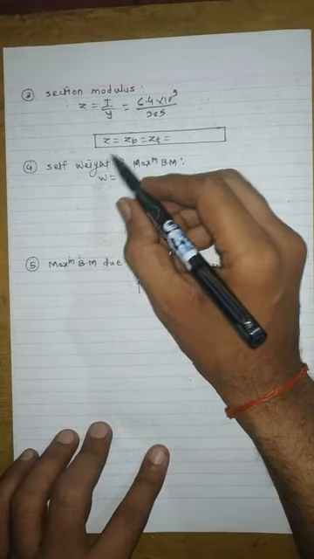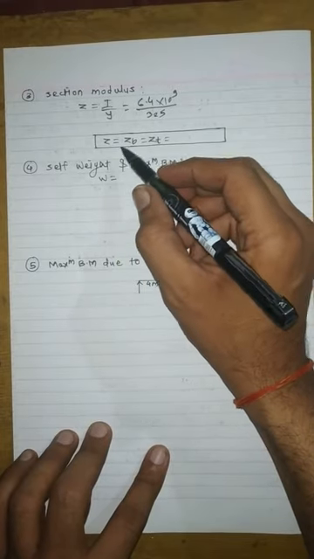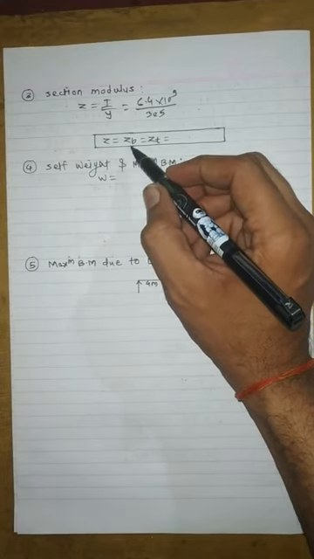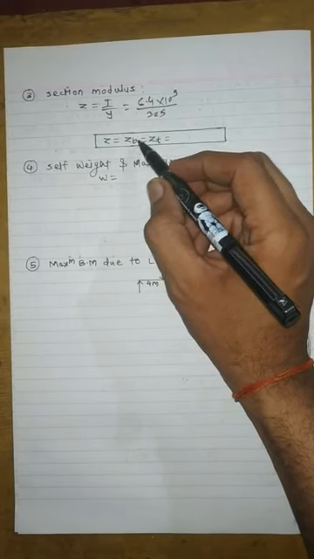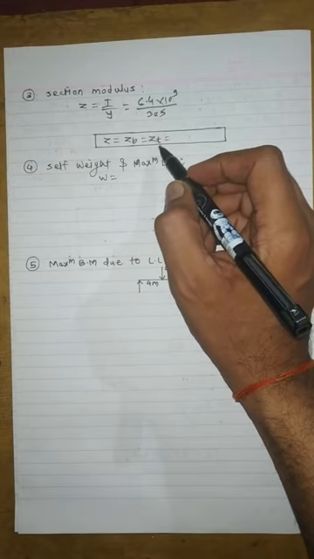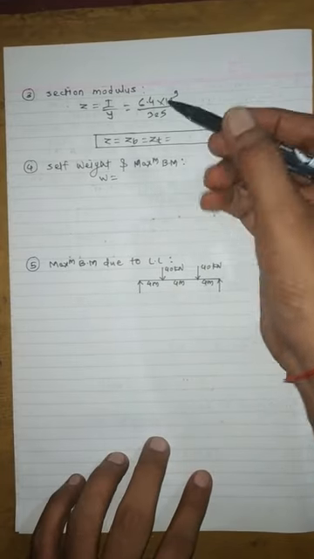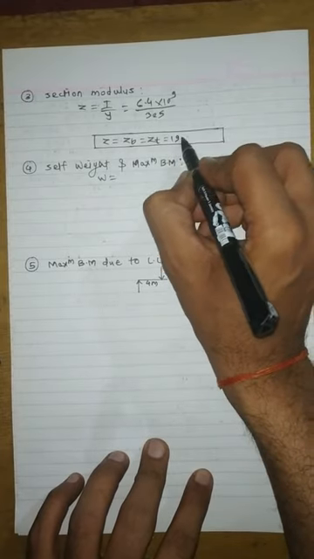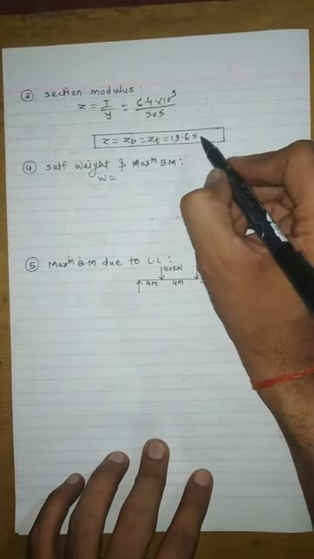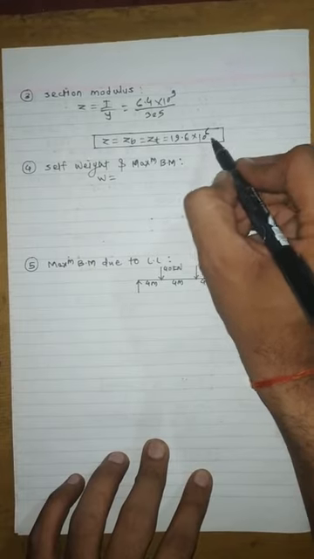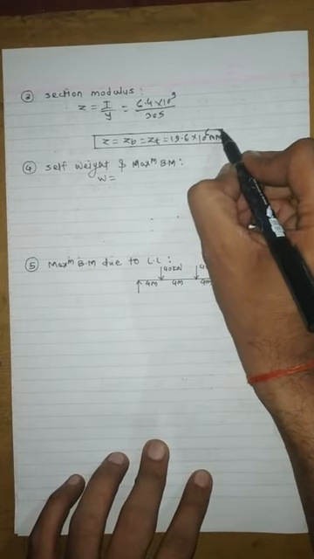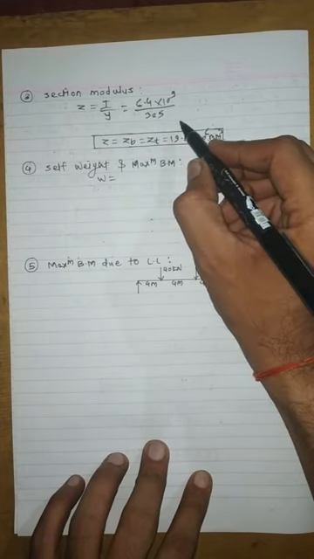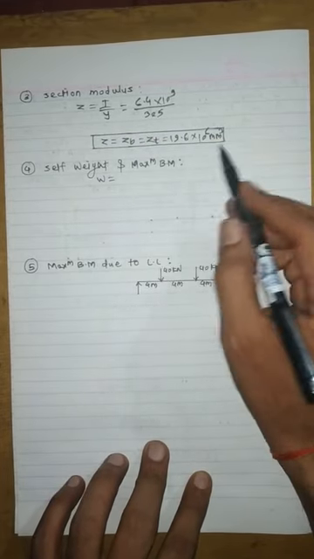After calculation, for symmetrical section, z, that is section modulus at bottom zb, equals section modulus at top zt. The value of z is 19.6 into 10 to the power 6 mm cube. Unit of I is mm raised to 4 and unit of y is mm, so unit of section modulus is mm cube.